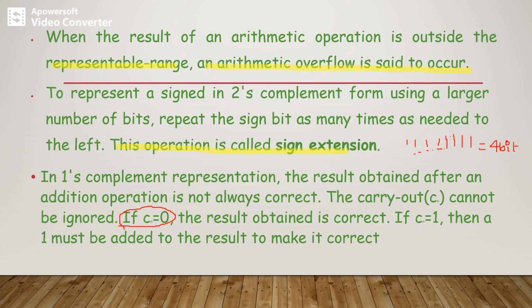But if carry out occurs, then 1 must be added to the result to make it correct. So if there is a carry out, we have to add this carry out along with the result in order to make the result correct. So if there is no carry, we can ignore the carry out, that means C is equal to 0. But if C is equal to 1, then a 1 must be added to the result to make it correct.